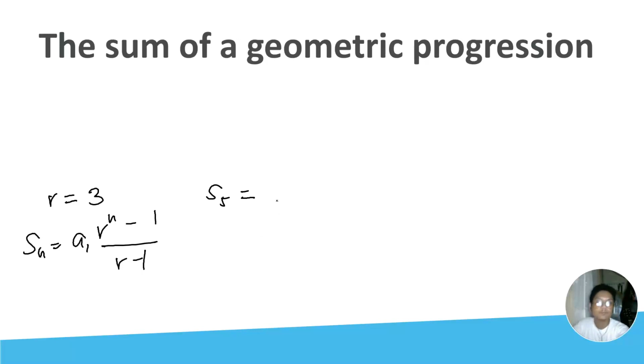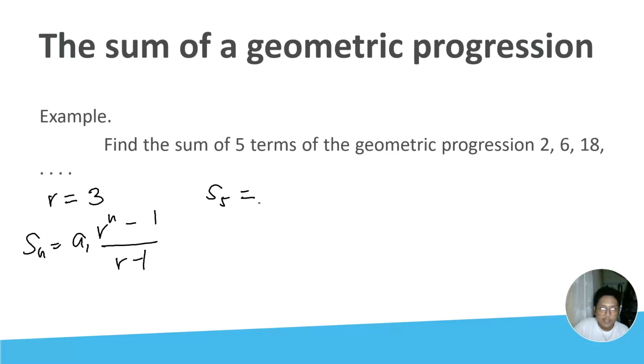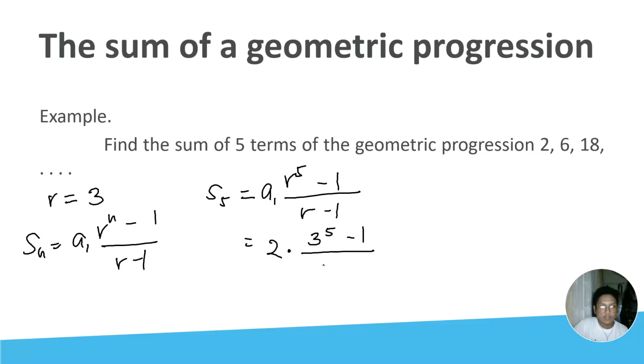Kaya, a sub 1 is 2. So, rewrite lang natin r raised to 5 minus 1 over r minus 1. Or, a sub 1 is 2 times common ratio natin is 3 raised to 5 minus 1 over 3 minus 1.